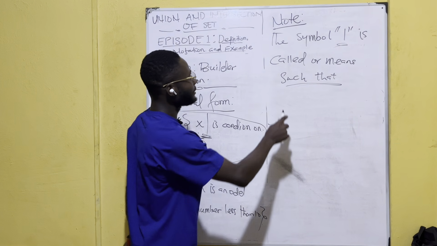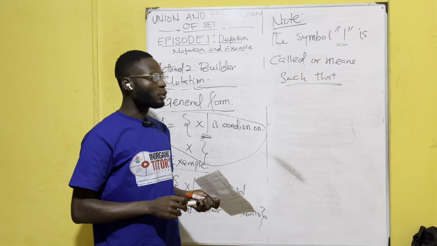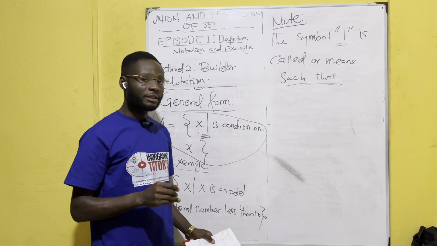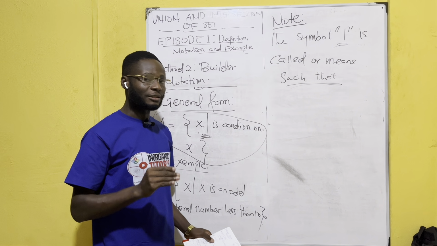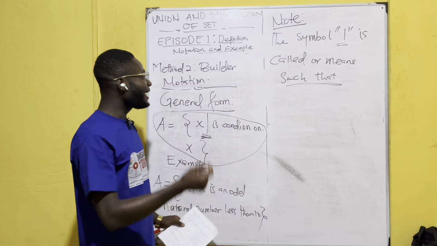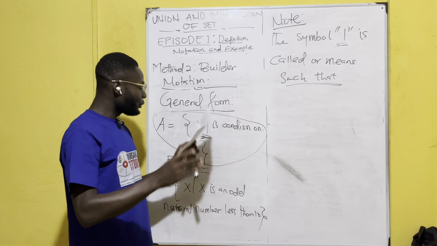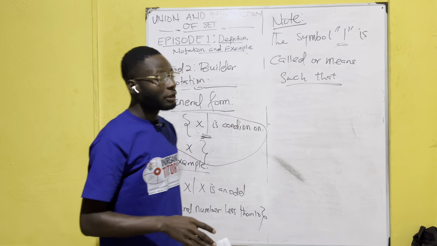So those are the ways we can describe a set. One, the roster or the listing form, where you are very explicit about the elements. And the second one is the builder notation form, where you use the builder notation to describe your set.